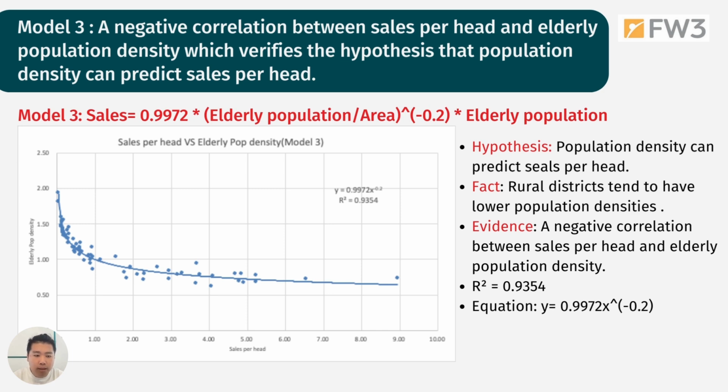Firstly, we calculated the sales per head from the annual sales and the total population. Secondly, we developed the elderly population density by incorporating the age group of 45 to 64 and the respective area. Notably, upon plotting the data, we observed a negative correlation between these two variables.